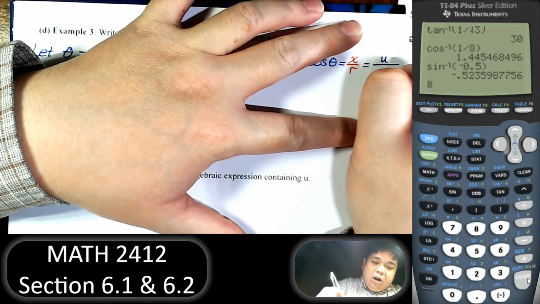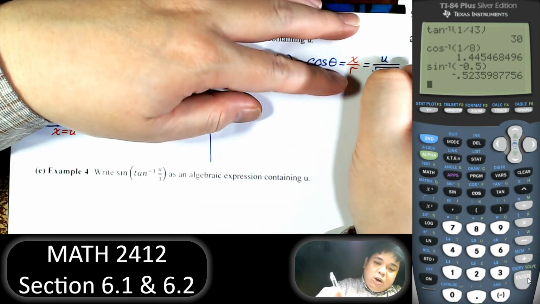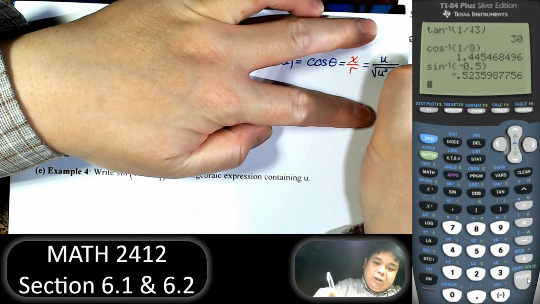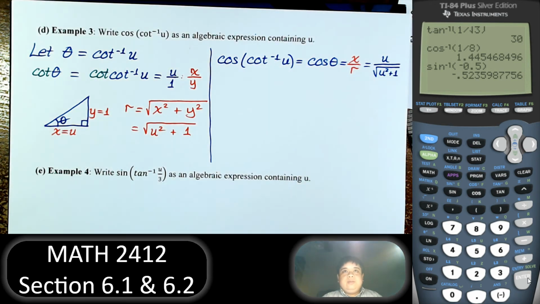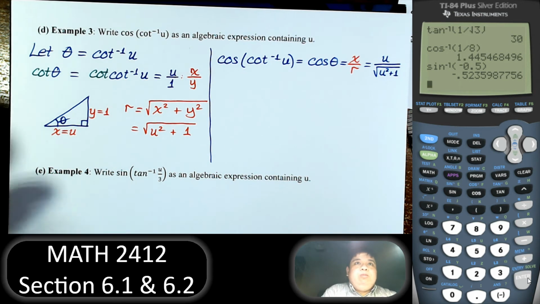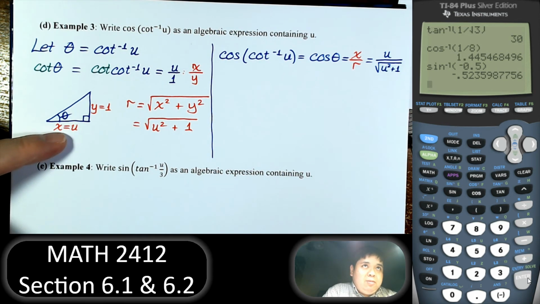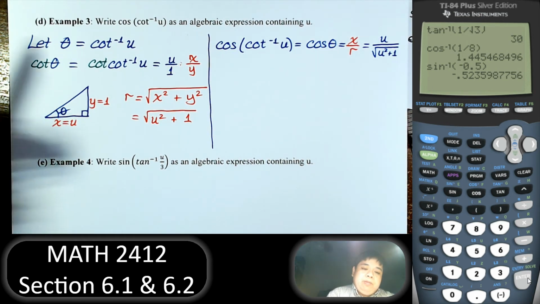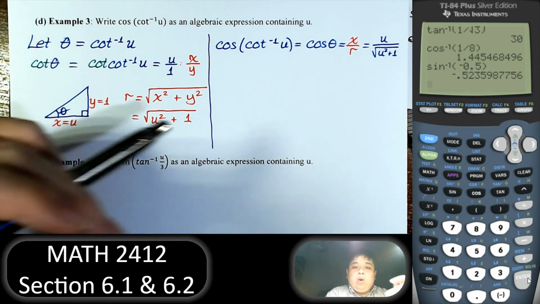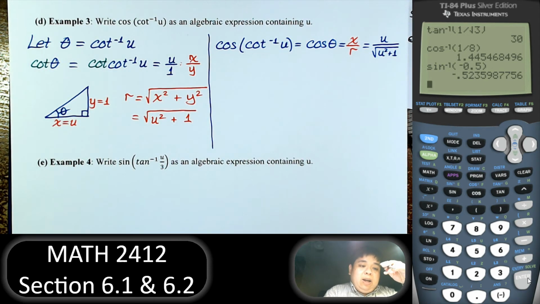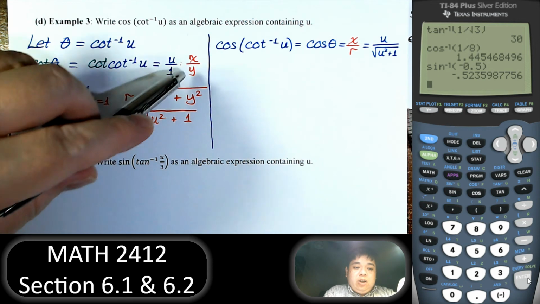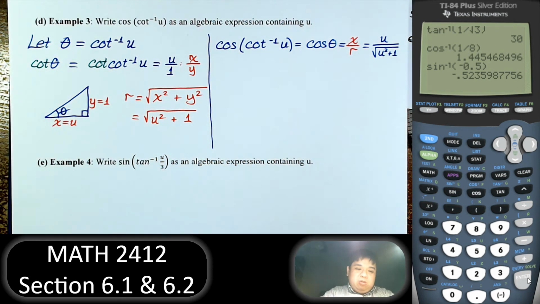And r is the square root of u squared plus 1. So just like that. Cosine is x over r, and cotangent is x over y.